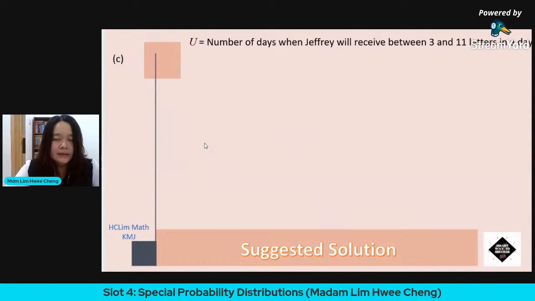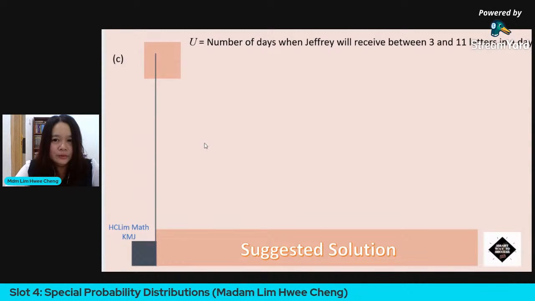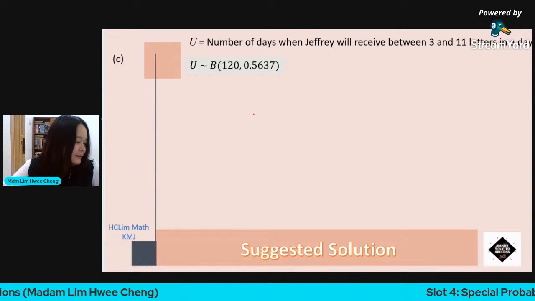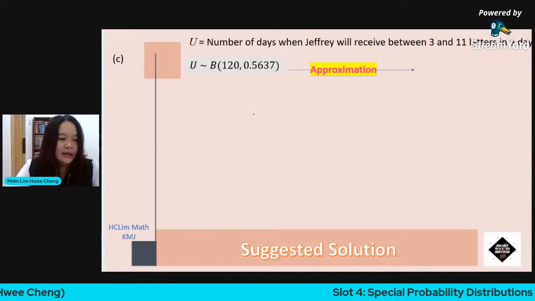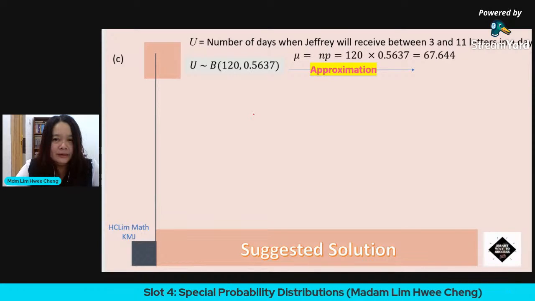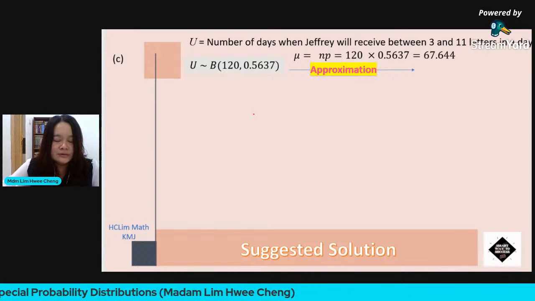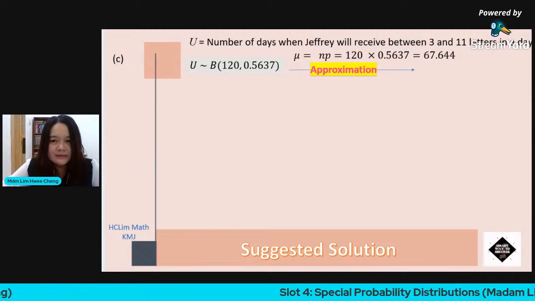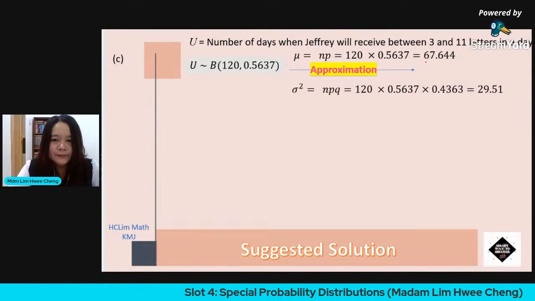We proceed to C here. C, number of days received between 3 and 11 letters also. Now we increase the sample to 120. Just now I said that we have to do the approximations. P, 120 times 0.5637, so we get the mean of 67.644.